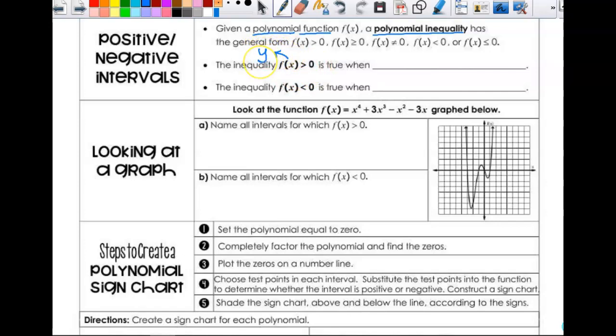Y. So if y is greater than 0, that is true when f of x, or y, is positive. Anytime we talk about the value of a function, is the function positive or negative, you're always talking about the y values, always. So if I have an inequality f of x is less than 0, that's true when f of x is negative.